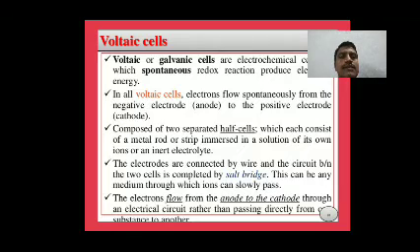In this cell, positive ions and negative ions move to the opposite electrodes. The cations move to the cathode side and anions move to the anode side.